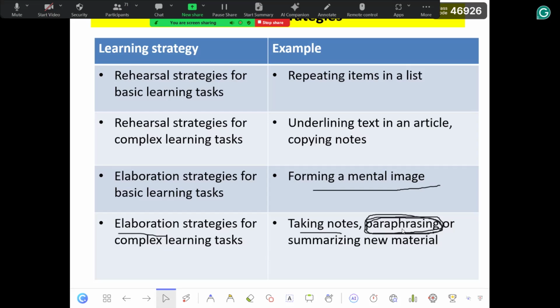For example, I can give you an exercise now relating to this. What is that exercise? Summarizing new material. I can ask you to summarize everything that you learned from the beginning up to this point.